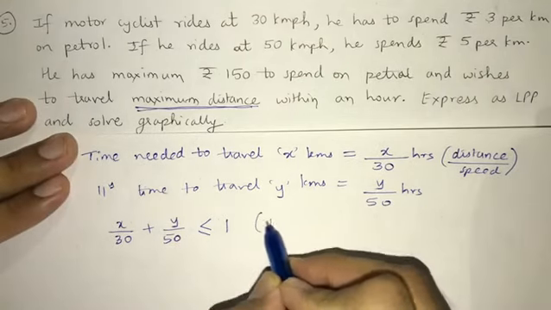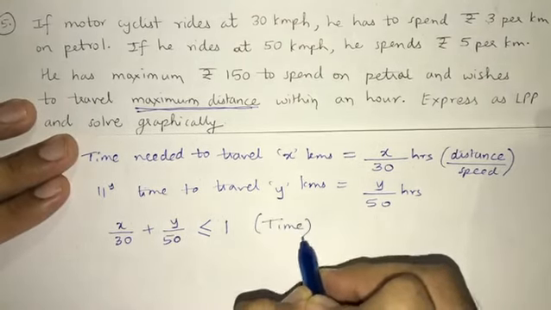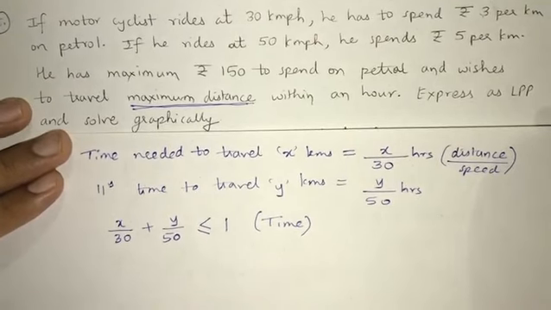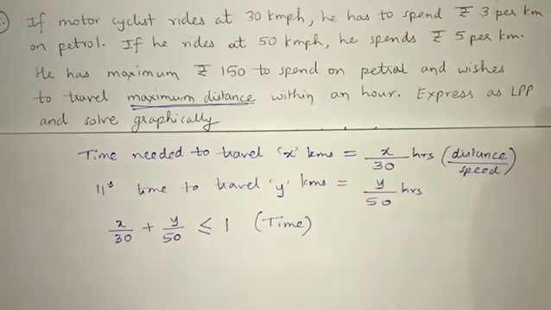The first constraint was very easy to understand: the money constraint, 3x plus 5y less than or equal to 150. The second constraint is the time constraint: within 1 hour you have to finish this. So what is the final problem now?